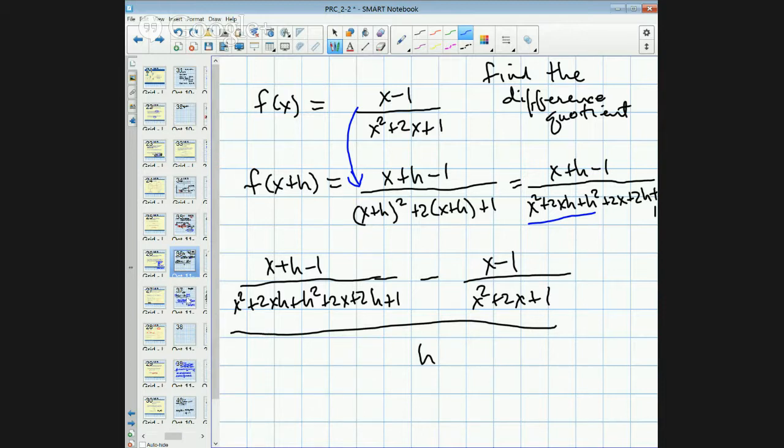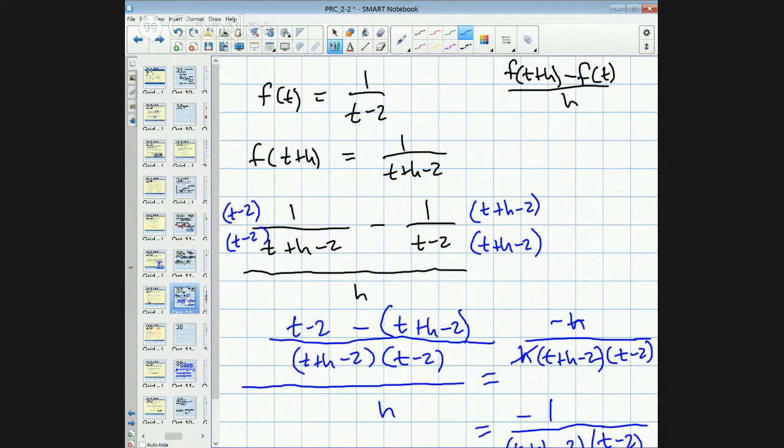let's go on to a more typical problem here. Yeah, maybe this is a little bit easier. 1 over t minus 2. So again, we have a fraction. Find the difference quotient. So don't let the t bother you, that's just the same as an x.